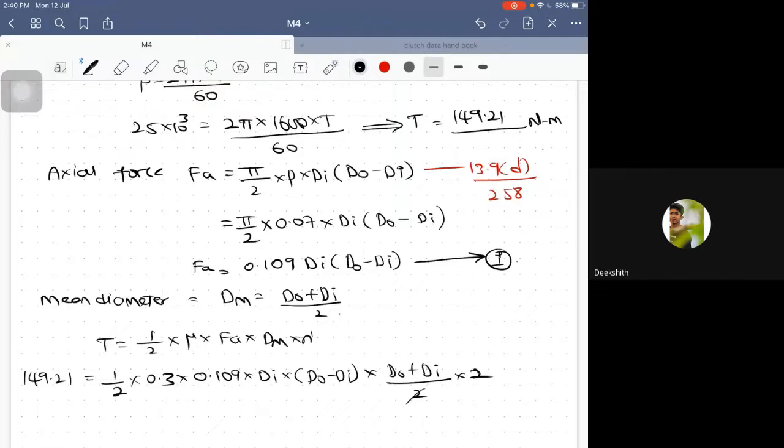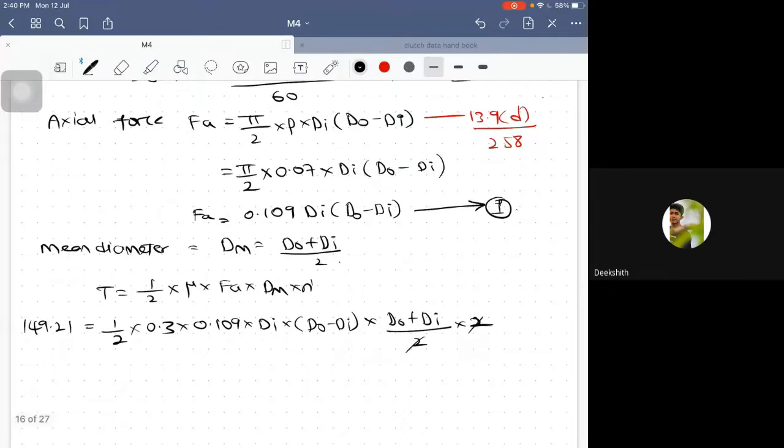Here 2 and 2 cancel. Whatever is remaining, just solve this. What is a minus b into a plus b? A square minus b square.